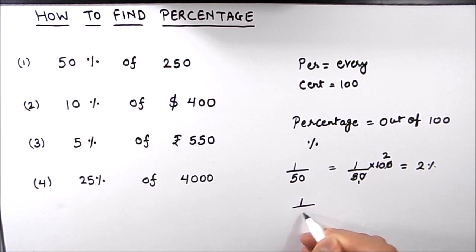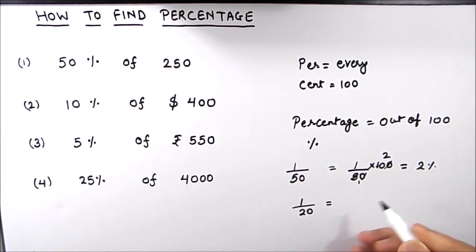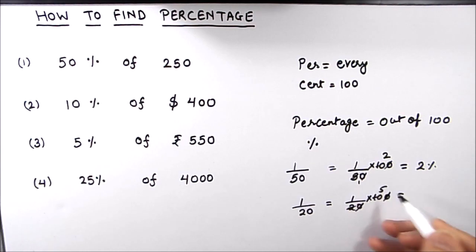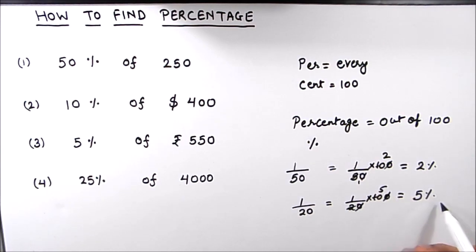Similarly, for 1/20th, we can say it is 1/20th times 100, which is equal to 5%. So this is about fraction to percentage conversion.